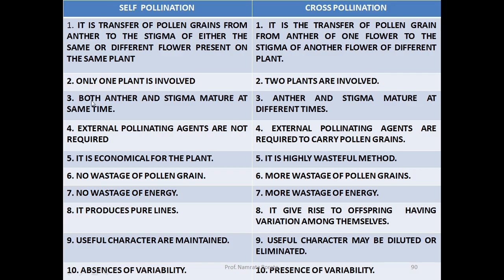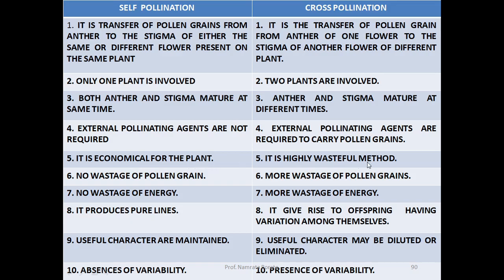In self-pollination, both anther and stigma mature at the same time, but in cross-pollination, anther and stigma mature at different times. In self-pollination, external pollinating agents are not required because a single plant is involved. In cross-pollination, external pollinating agents are involved. Self-pollination is economical for the plant.